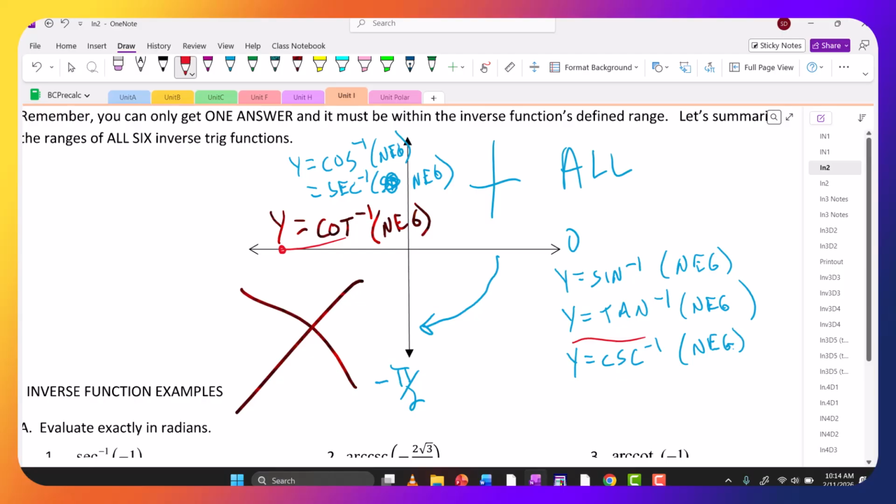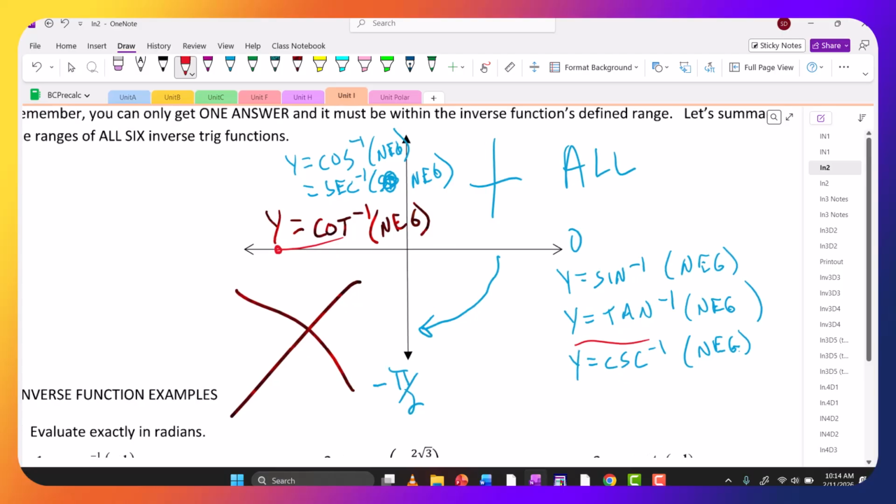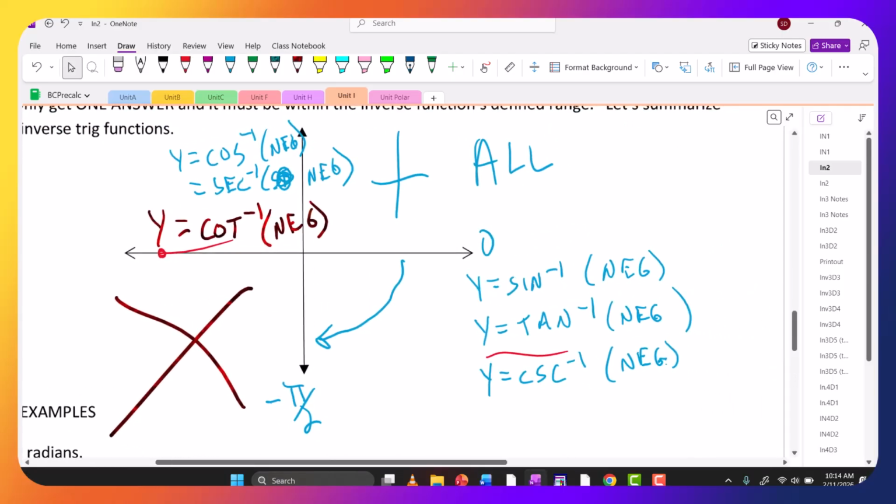Remember, quadrant 3 is never an answer, and I wrote this in a better way. When you're in an inverse cosine, inverse secant, inverse cotan of a negative ratio, you're in quadrant 2. When you are inverse sining, inverse tangent, inverse cosecant of a negative ratio, the answer must be in quadrant 4, and it must be in a negative angle measure.